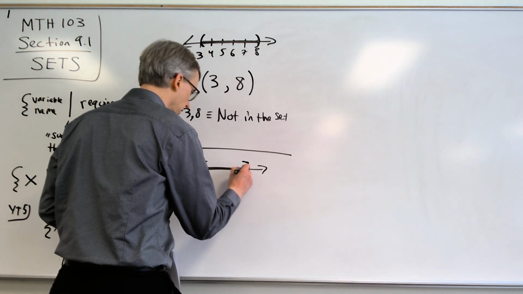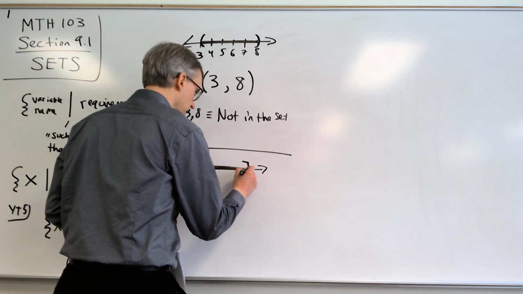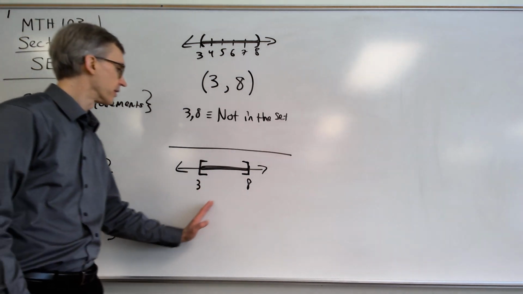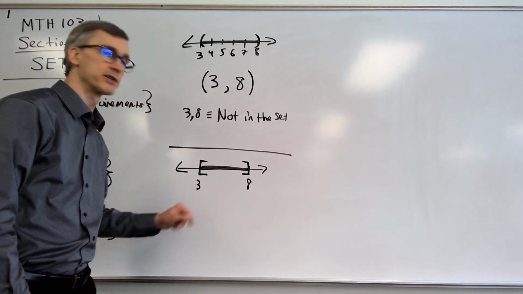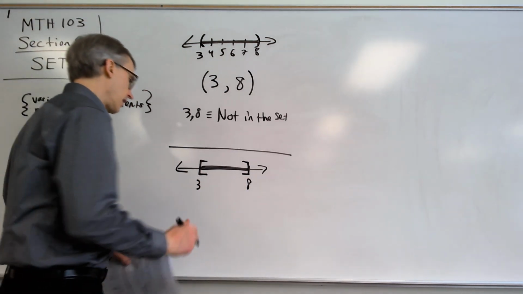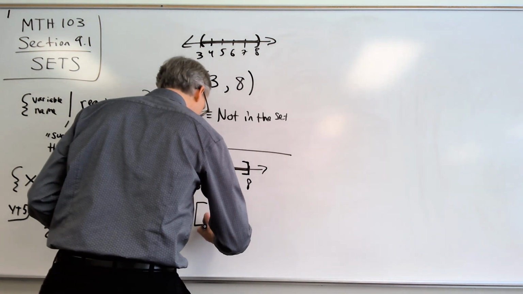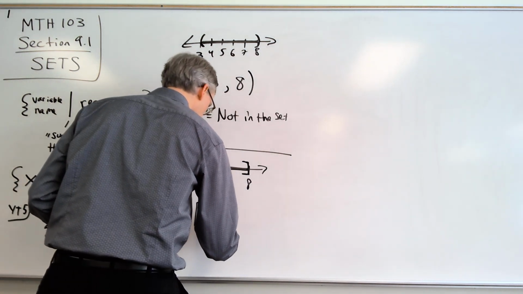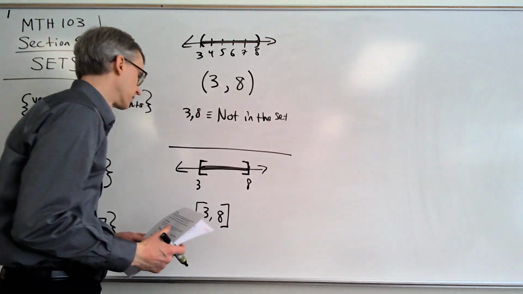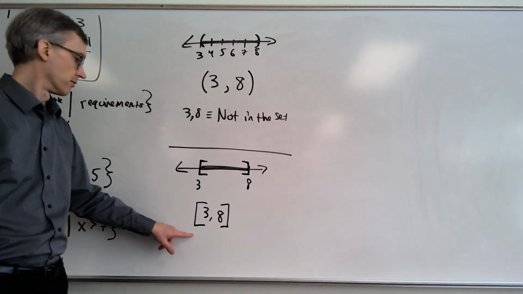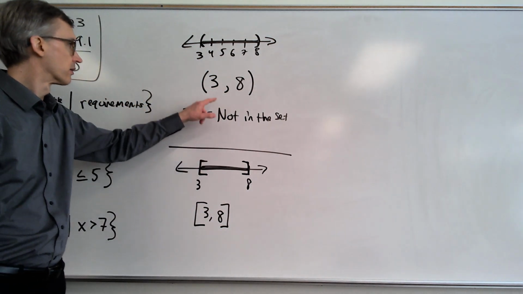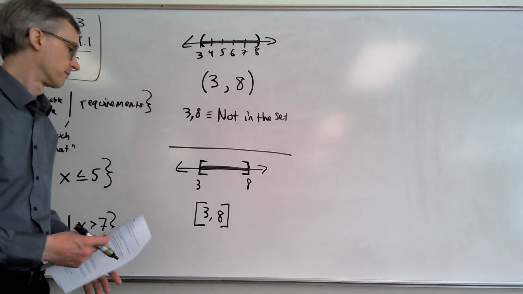And shade there. Now this indicates every number between 3 and 8, including the endpoints 3 and 8. And then interval notation for this would be 3, 8 with brackets. So 3 and 8 are in the set, 3 and 8 are not in the set.